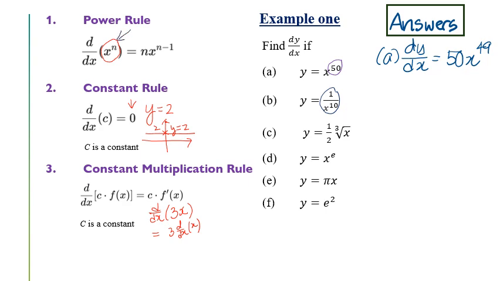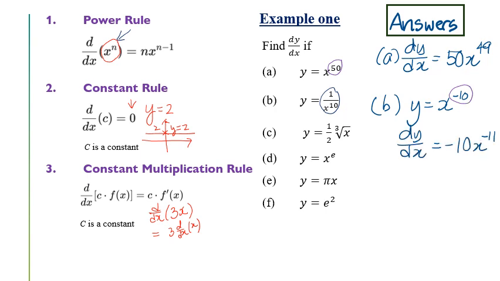You must be able to convert it into that format, then you can apply the power rule. So 1 over x to the power 10 you can convert to x to the power negative 10. This will be your power, and you can just bring it to the front, and then negative 10 minus 1 gives you negative 11.